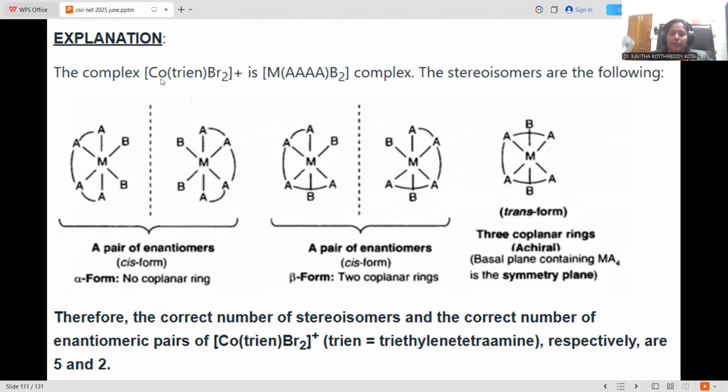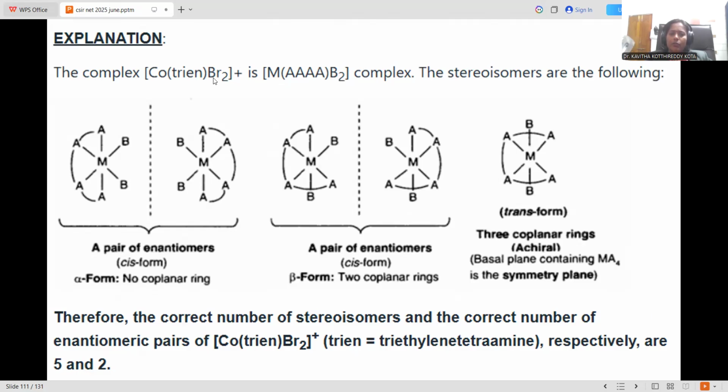The complex provided is cobalt trien Br2 with a positive charge. Trien is a tetradentate ligand, taking part in four bonds with the metal. It is tetra-coordinated.